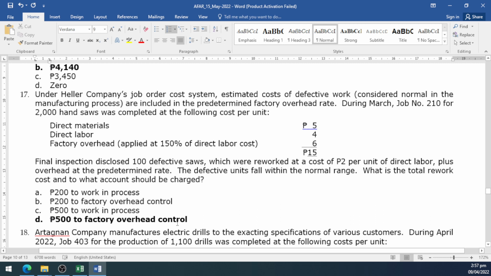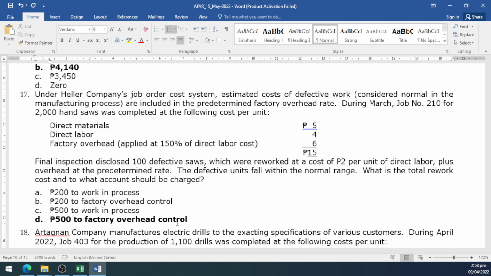Next, number 17. Under Heller Company's job order cost system, normal na in the process. Kung normal yan, charge to all jobs, kasi may allowance daw na naka-include, included in the predetermined overhead rate.